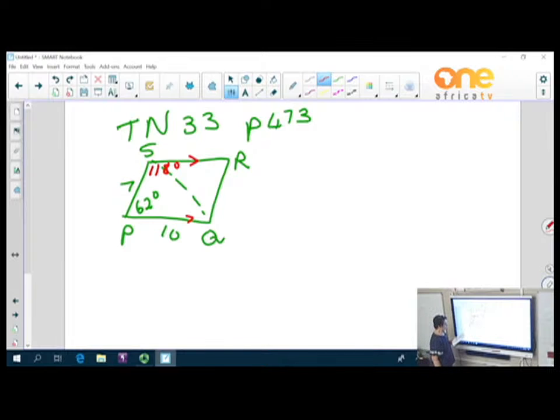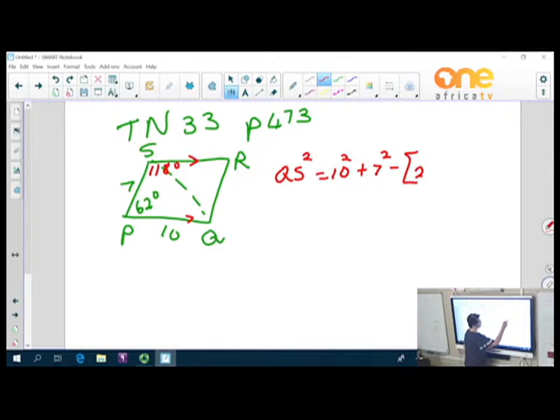Now they say find the length of the diagonal QS. That's what we have to calculate in the first place, QS. Can you see that this is the third side in the triangle? So I can say that QS squared is equal to 10 squared plus 7 squared minus 2 times 10 times 7 cosine, and this is this angle here, 62 degrees.